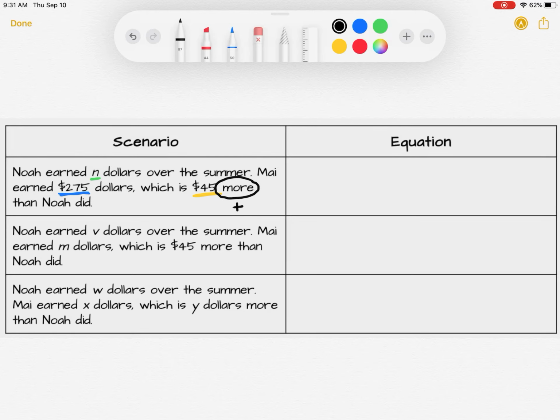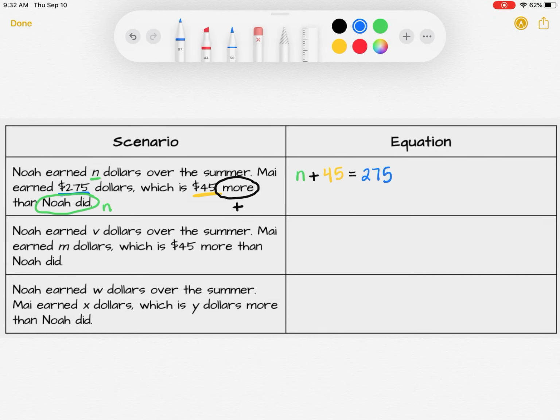So if Mai earned $275, which is $45 more than Noah did, well, how do we represent the money that Noah earned? The money that Noah earned is represented by N. So we can say N, the money Noah earned, plus 45 is equal to the amount that Mai earned, which is $275.